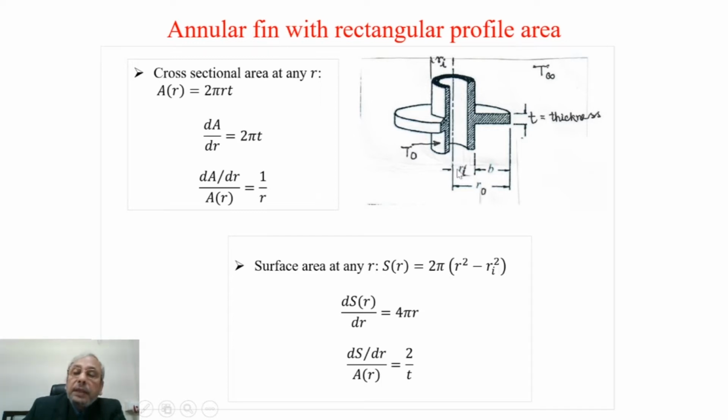Usually the arrangement is such that a hot liquid or hot gas flows through the tube and the tube gets heated, and this tube has to be cooled, or this thermal energy has to be taken away by the surrounding fluid. And that is why this extended surface, in the form of an annular fin, has been attached.